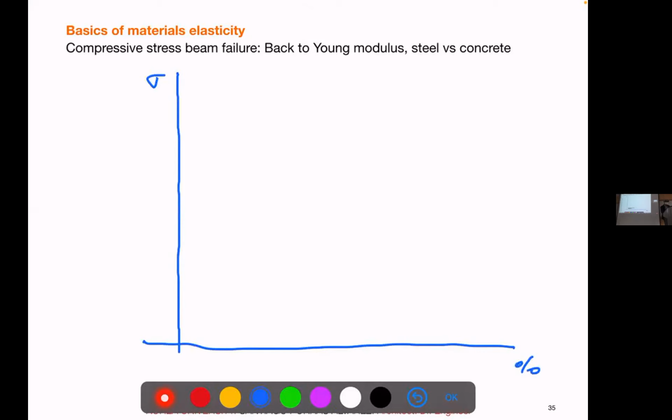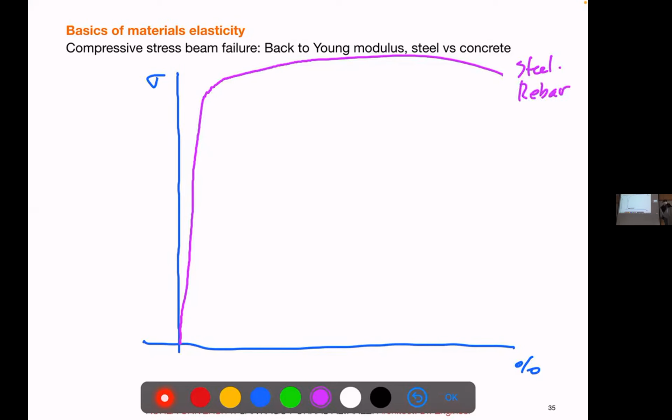If we put steel here, steel will be like something very steep, and suddenly yield, and then have a long plastic range. So this is steel, the rebar. Concrete. How do we put concrete in this graph?